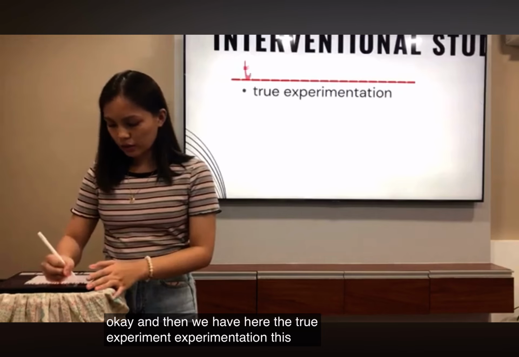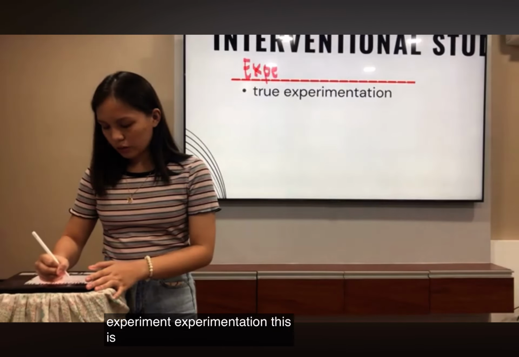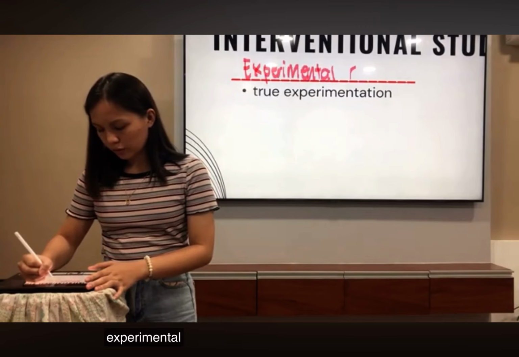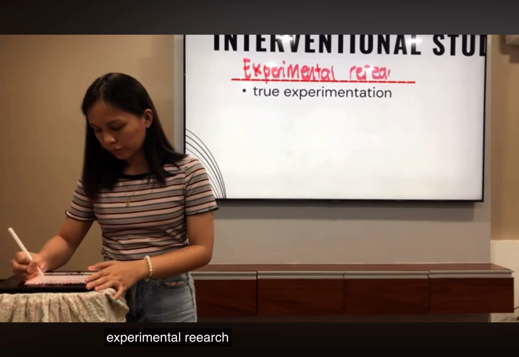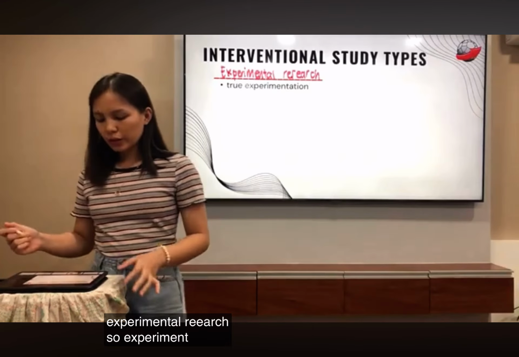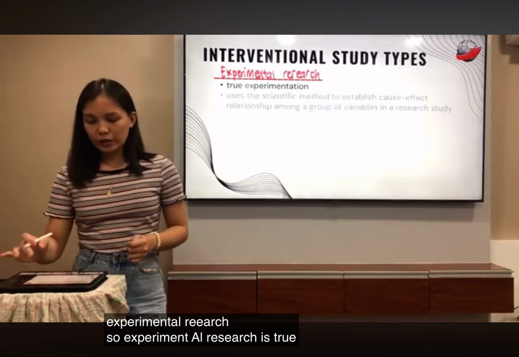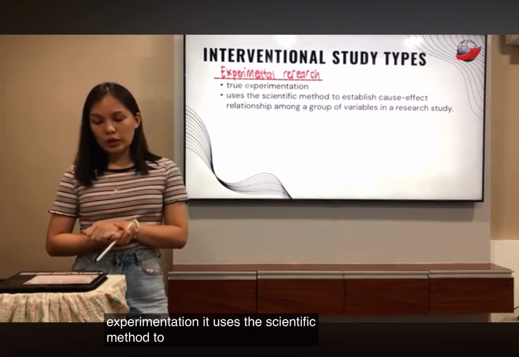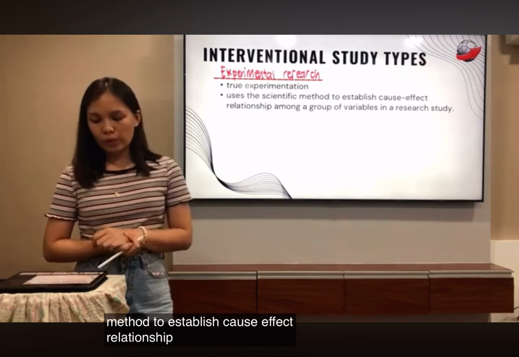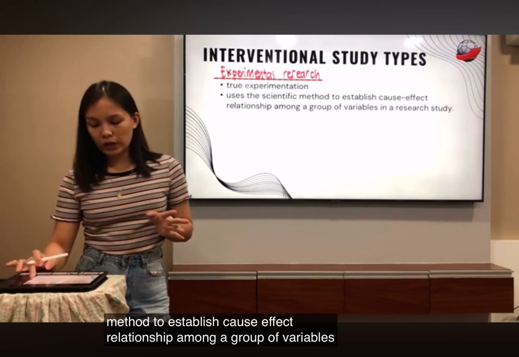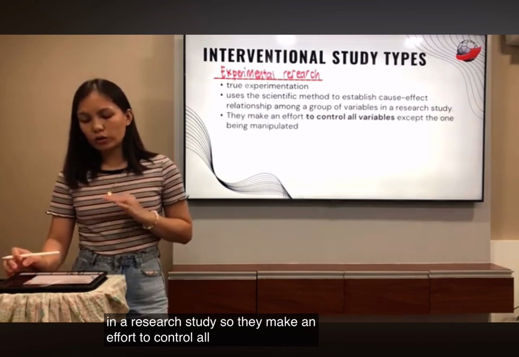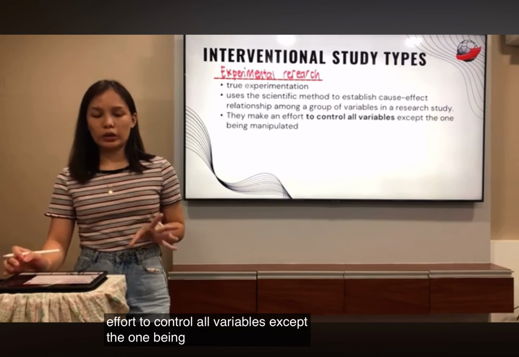This is experimental research. So experimental research is true experimentation. It uses the scientific method to establish a cause-effect relationship among a group of variables in a research study. So they make an effort to control all variables except the one being manipulated.